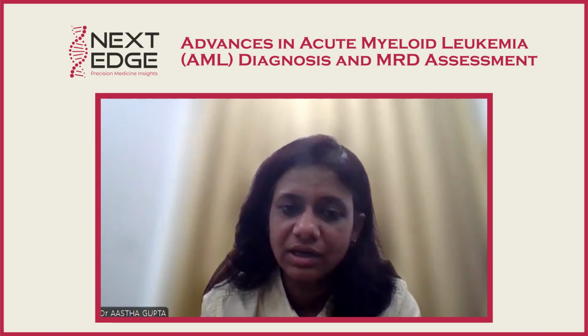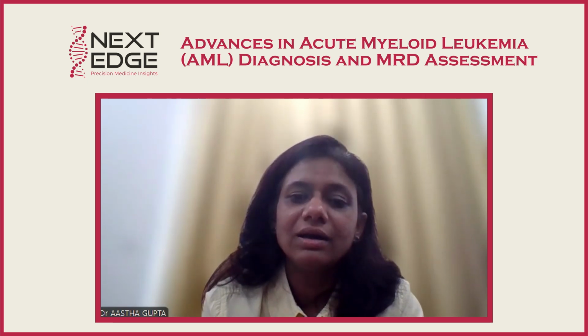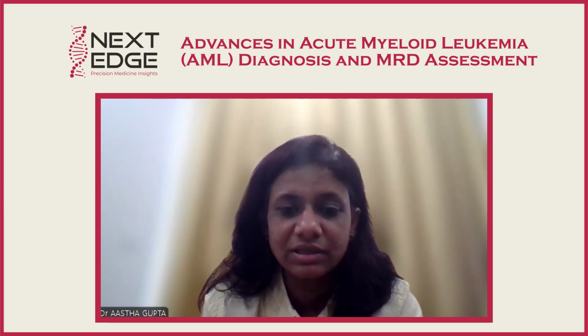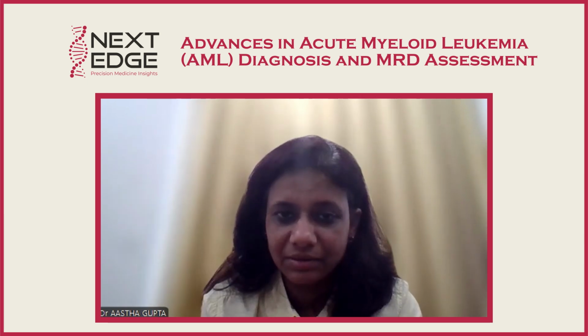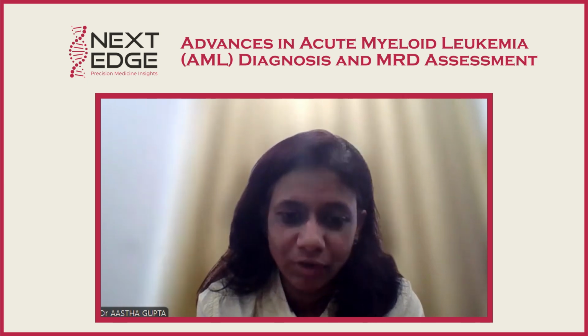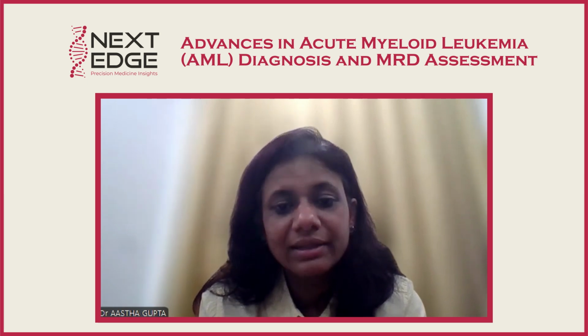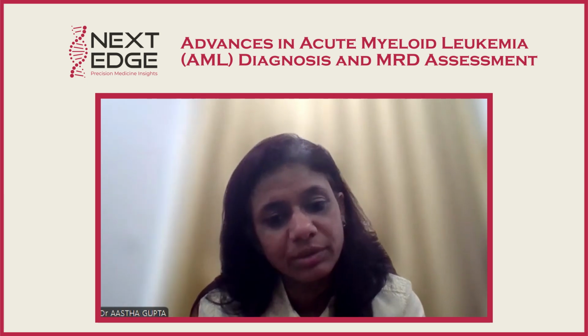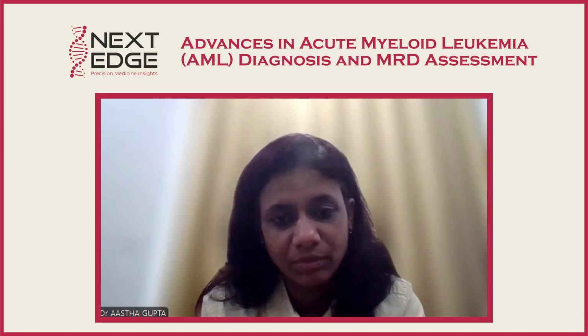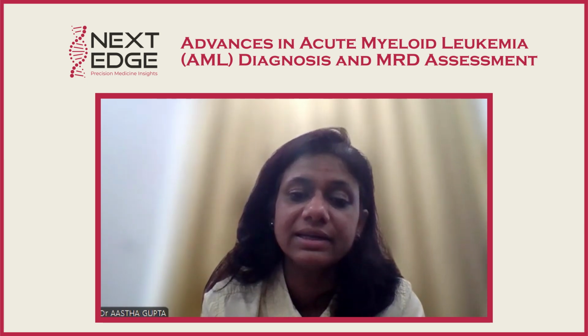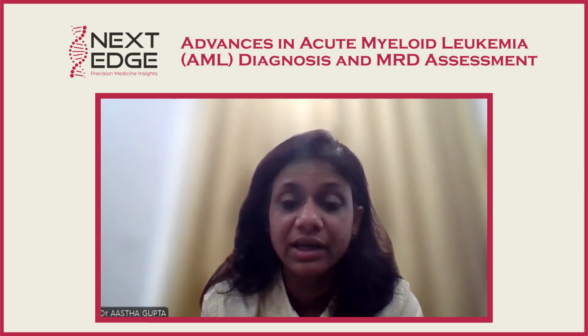So for conventional diagnosis of AML, CBC, peripheral smear, and bone marrow examination remain the primary diagnostic tools. Once we diagnose that it is a leukemia, then immunophenotyping by flow cytometry is the next most important step to identify whether it is AML or ALL, to differentiate.